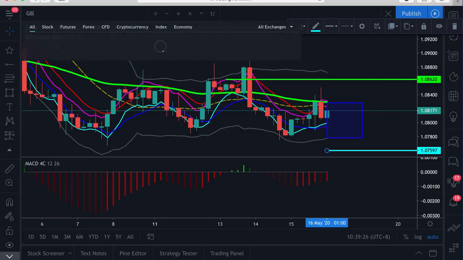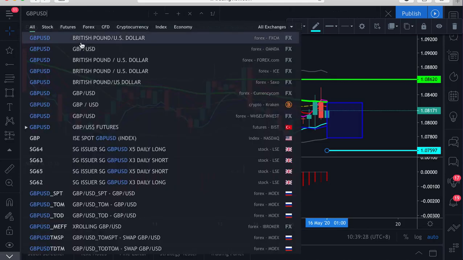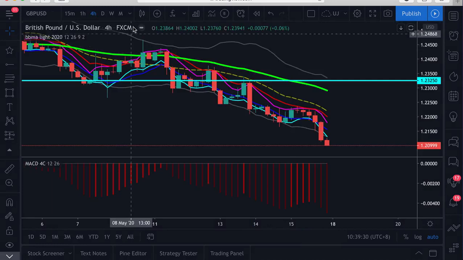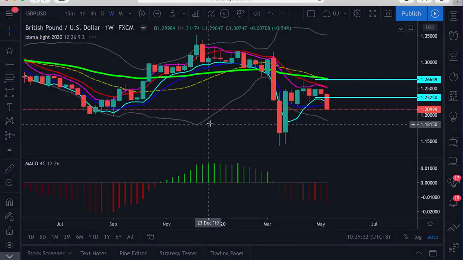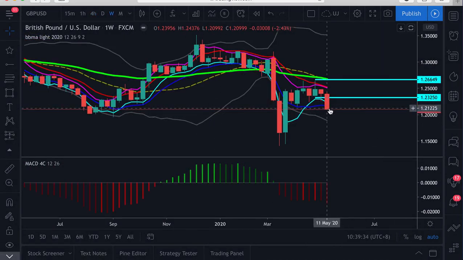Next pair is GBP USD. For GBP USD we can see on weekly the price is also at the buy zone, same as EUR USD because it's a pair against USD.